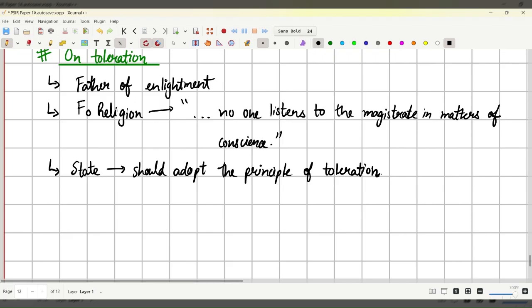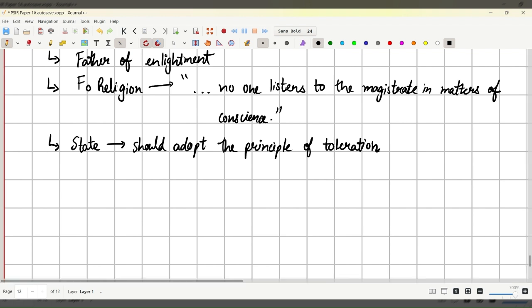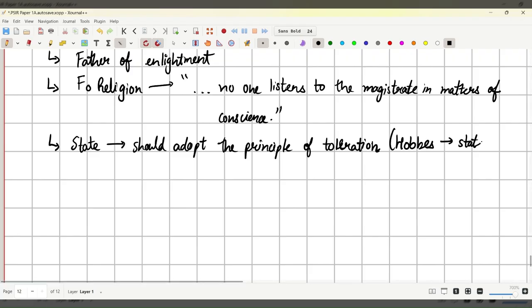In Hobbes, the state should dictate. So you can write a criticism here of Hobbes, where the state dictates who to follow and what to follow.